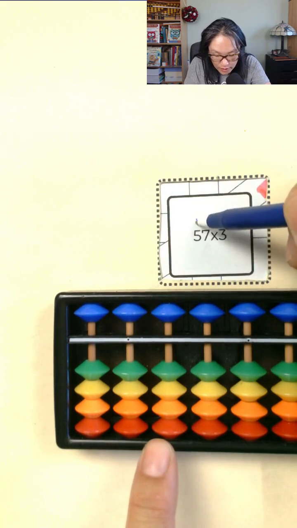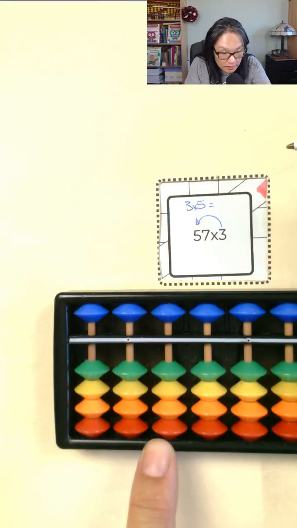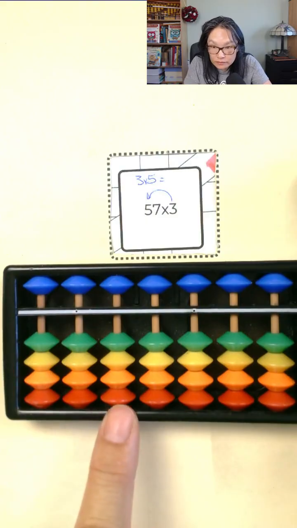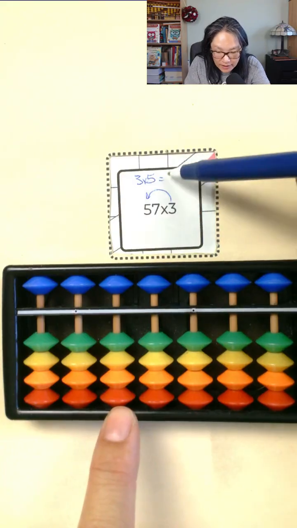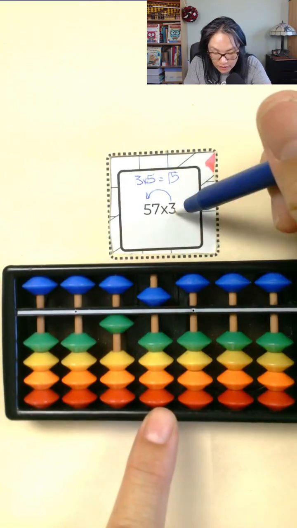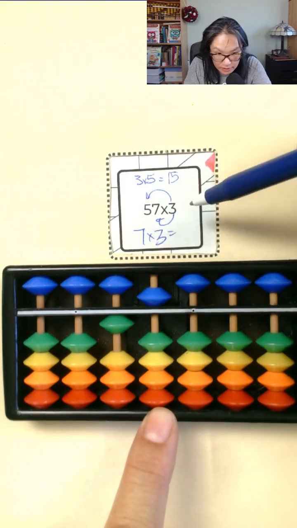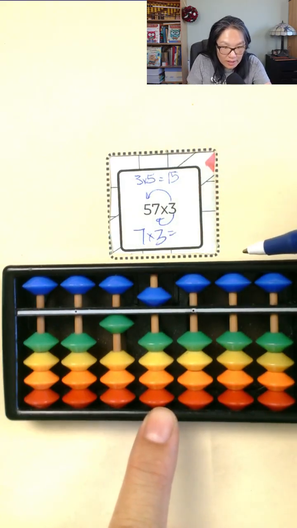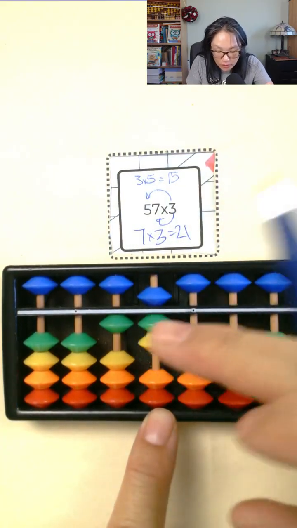So we do 3 times 5, which is 15. Add the 1, add the 5. Then we have 3 times 7, which is 21. So we had our 20, we had our 1.